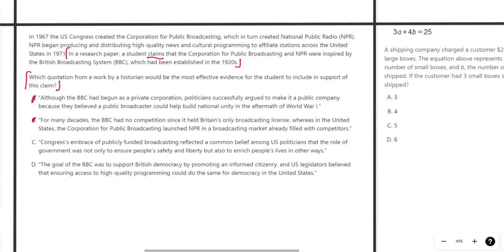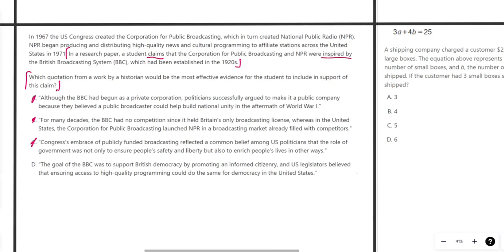Well, this one doesn't say anything about the inspiration for creating the Corporation for Public Broadcasting. Congress's embrace of publicly funded broadcasting reflected a common belief among US politicians. This one doesn't talk about anything relating to the BBC.